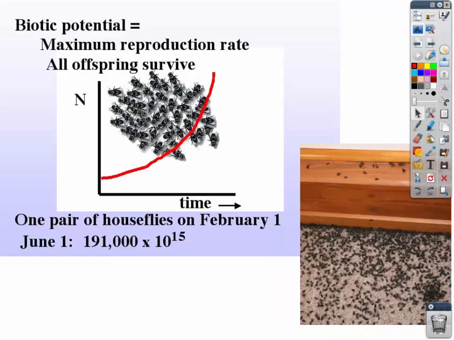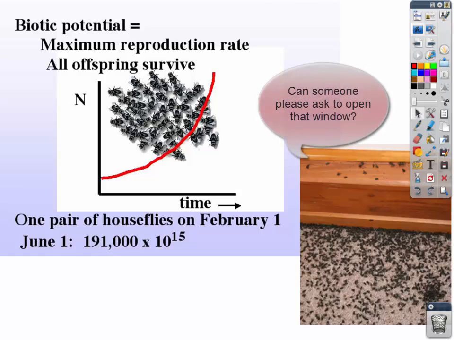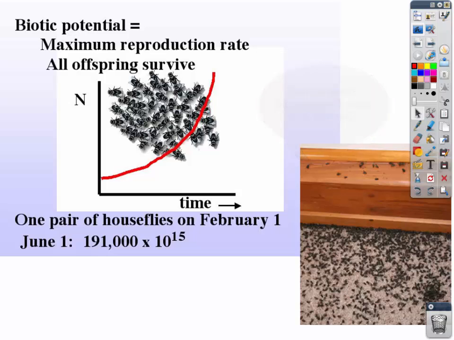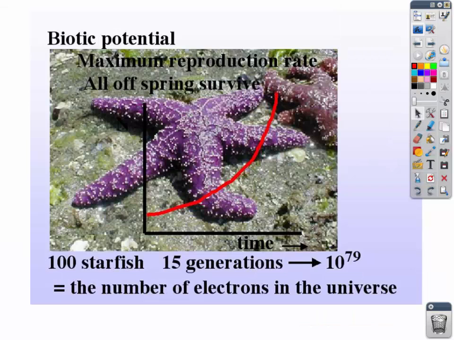Taking a look at the housefly, biotic potential of the housefly is huge. All right, very quickly, if every fly survived and then reproduced at maximum rate, we would quickly be overrun with flies. Another example would be the starfish.